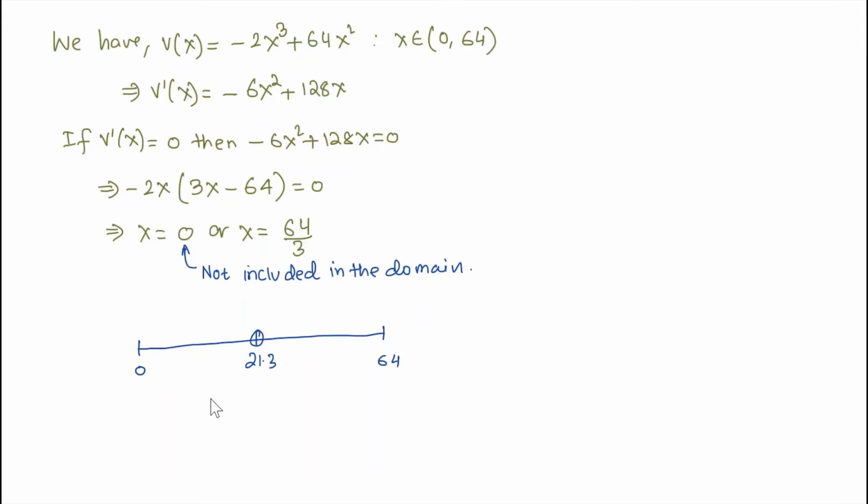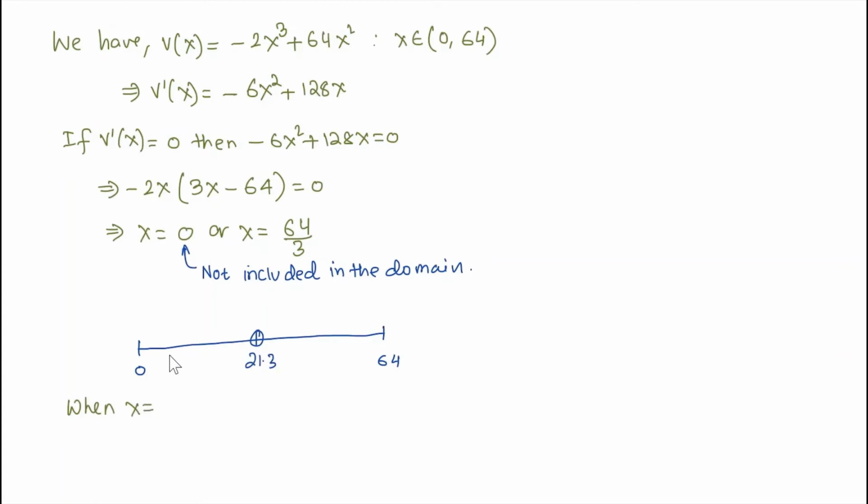Now we can clearly see that we divided the domain into two intervals. We have to check whether the function is increasing or decreasing here, and whether it is increasing or decreasing there. So we are going to plug in the values. Over here we have 21.3, so you can plug in 20.